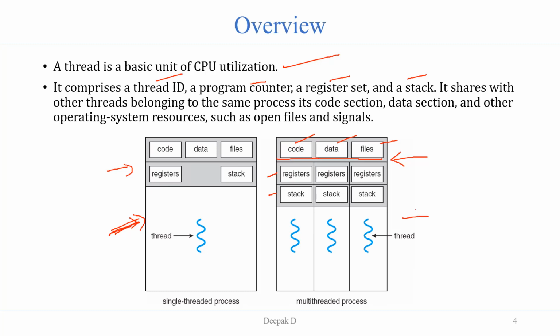Whereas if a process consists of multiple threads, there are multiple threads of control where it can perform multiple tasks at a time. This is the major difference between a single threaded and a multi-threaded process. That is, code, data and files can be shared among the threads, and those threads should belong to the same process.